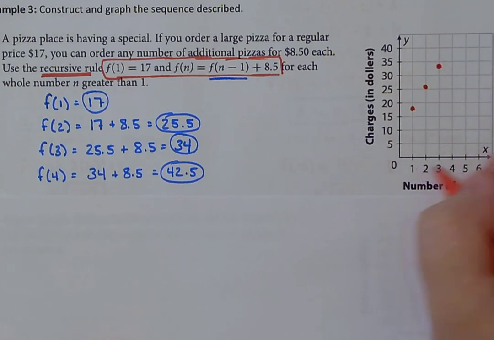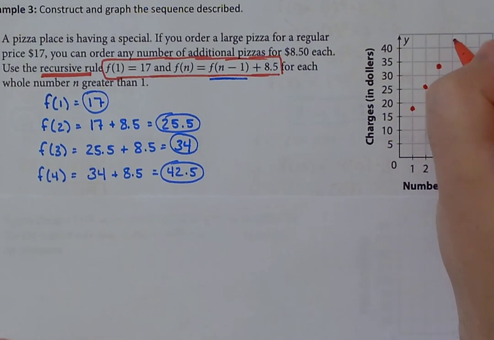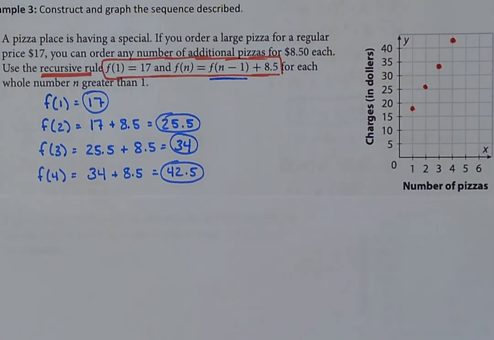And if I bought 4 pizzas, it's 42.5, which is going to be about there. And that is constructing my sequence, 17, 25.5, 34, 42.5, and then graphing my sequence for the situation. So that is how you do example 3.